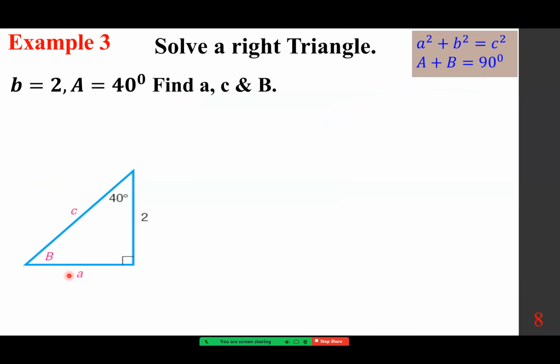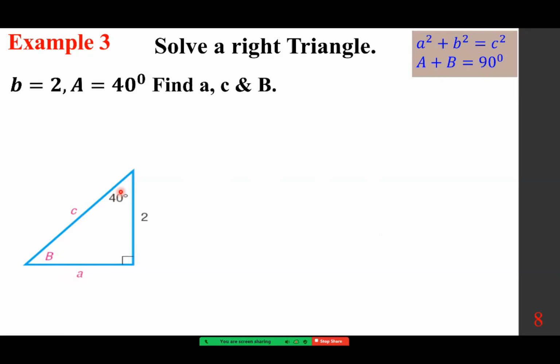We're going to continue with this question where one side is given as 2, one angle is given as 40 degrees, and we want to find the rest of it. So first and foremost, we know this is 90 degrees and these two must add up to 90 degrees.